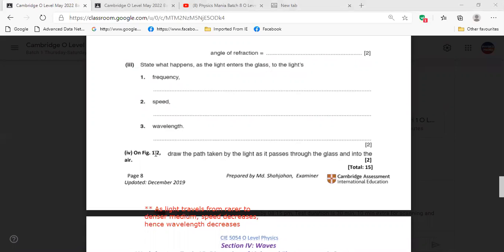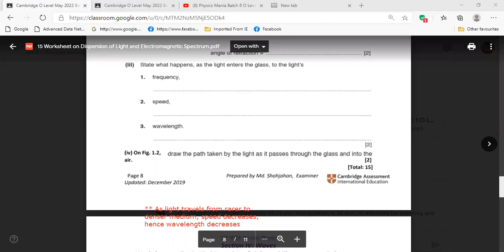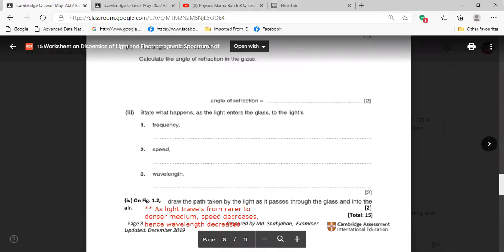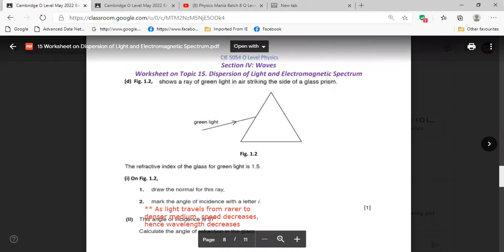Draw the path taken by the light as it passes through the glass into the air. Before you draw the path, what is written on figure 1.2? You have to find that one. Here, right? So what is written here?